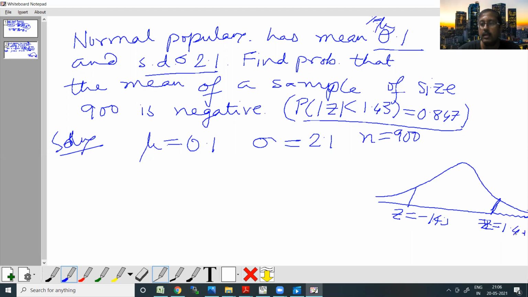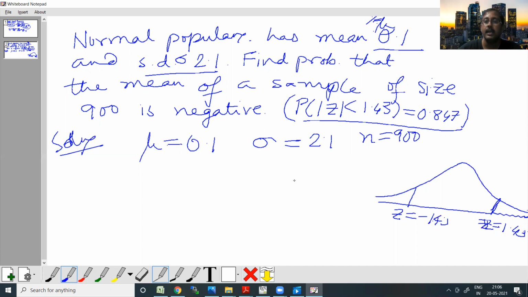We have two sides here. And it is being told that mod z less than 1.43 is equal to 0.847.